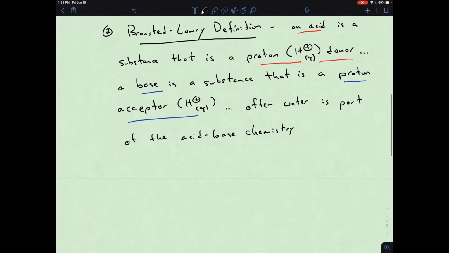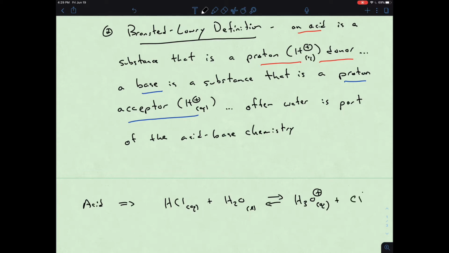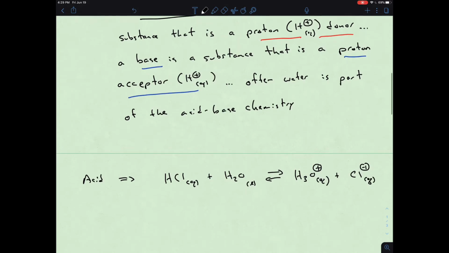As an example of an acid, we could go back to our HCl example, but show how it interacts with water, where water accepts a proton and becomes hydronium ion, and then we get chloride as well.